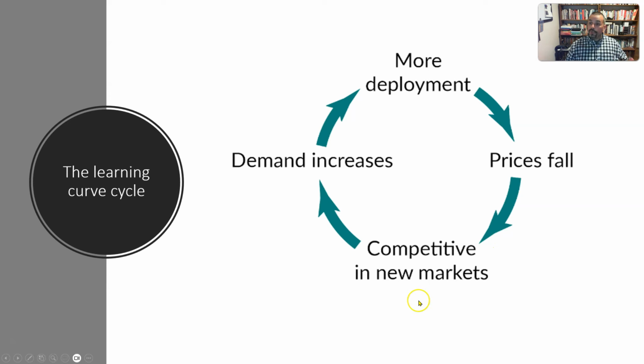So once a new product spreads to new markets, and the demand increases, there's an incentive for the company who's designing that technology to make even more of it, and there's also an incentive to make it even cheaper. Because one of the things that companies are worried about is that a competitor might come along and make it even cheaper.